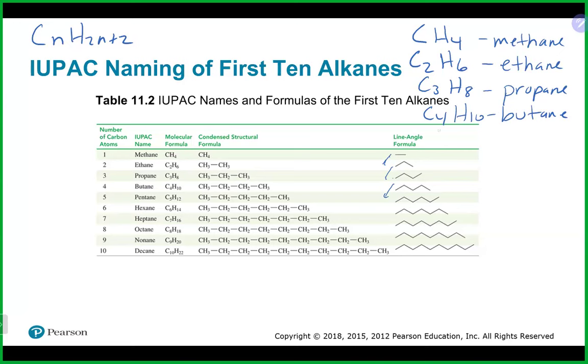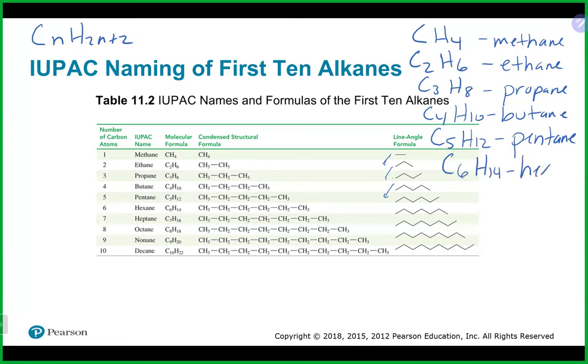So if you have 5 carbons, you will have 5 times 2 is 10 plus 2 is 12. That is pentane. 6 carbons, 6 times 2 is 12 plus 2 more is 14.